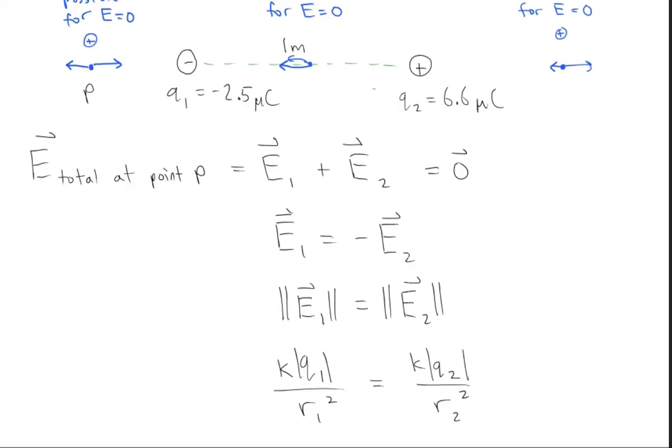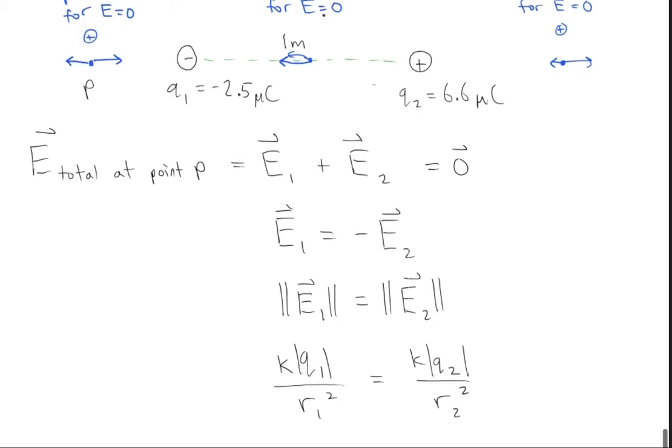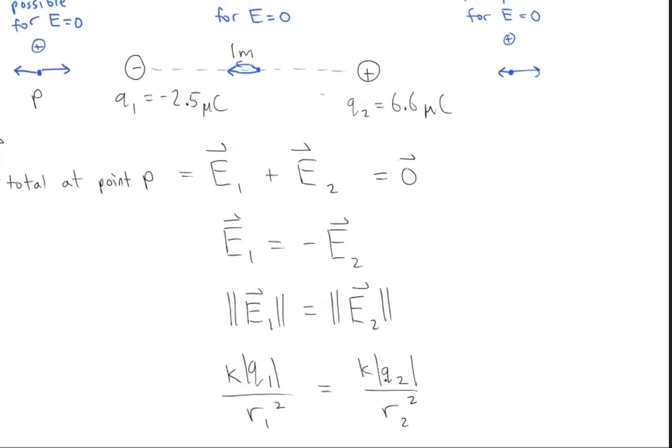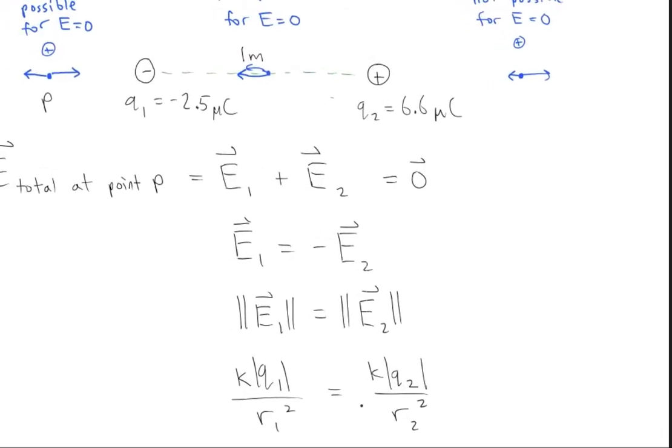Okay. Now I will see that the k's cancel. We can plug in our charges, and we want to plug in the distances too, but we need to come up with an expression for the distances.